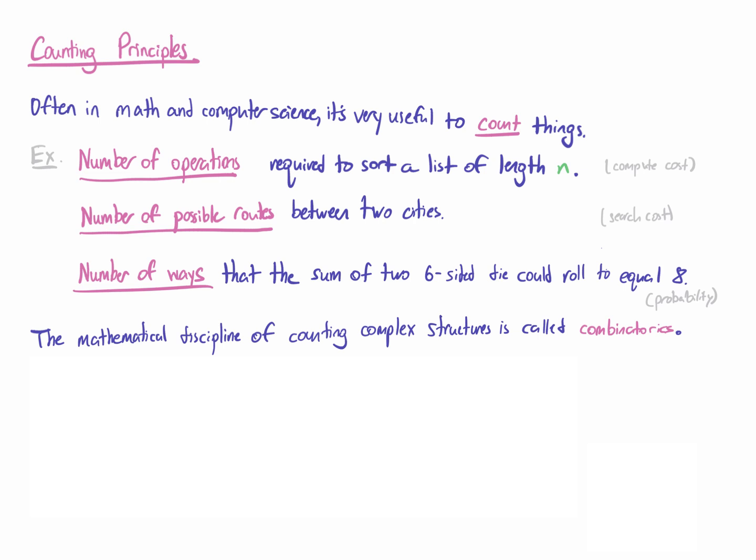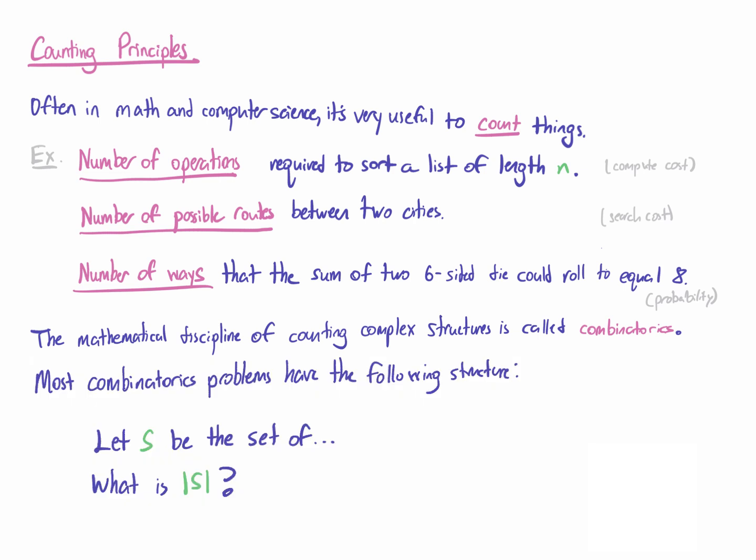Many times when we're doing a counting problem, or as we'll now call it, a combinatorics problem, we're often going to consider this as asking about the cardinality of a set. If I ask to count the number of solutions to a task, for example, the number of possible routes, the way I might express that is, if I have the set of all possible routes, what is the size of that set?